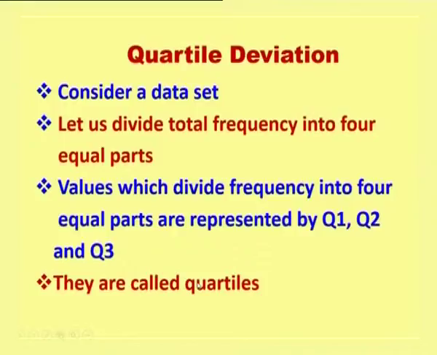For example, if you take continuous data and the frequency distribution is taken on the axis, and you divide that into 4 equal parts, it gives the first quartile, the second quartile, the third and the fourth quartile. Therefore, the total frequency distribution is divided into 4 equal parts, and that we call quartiles.